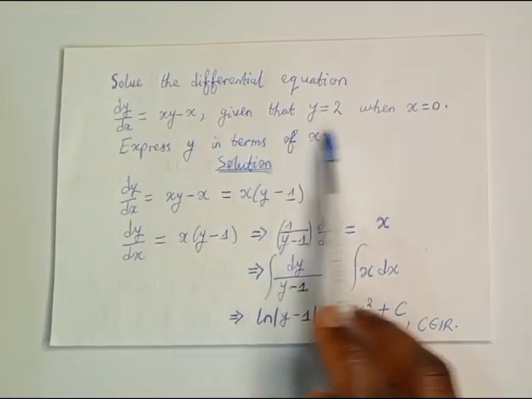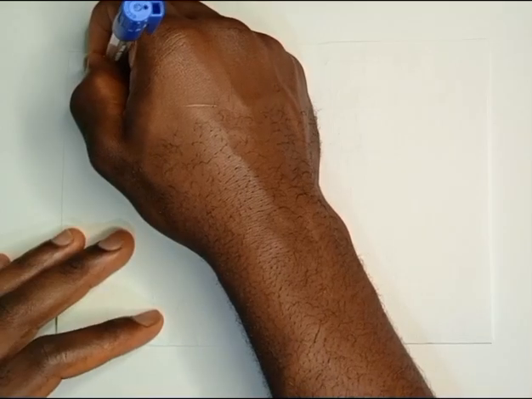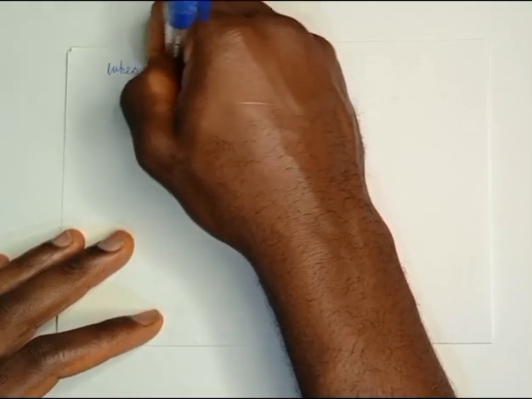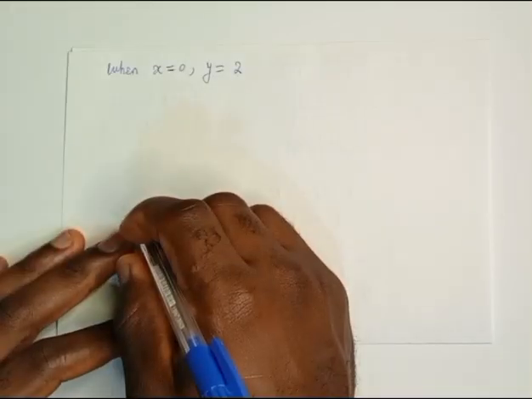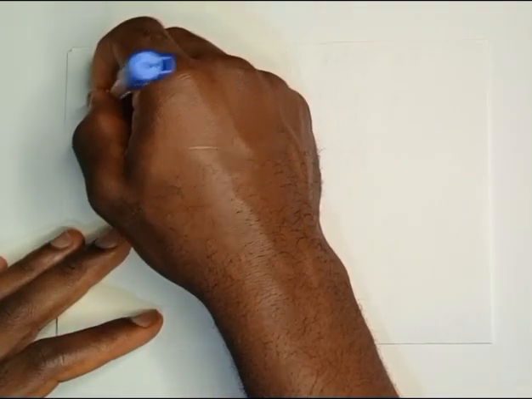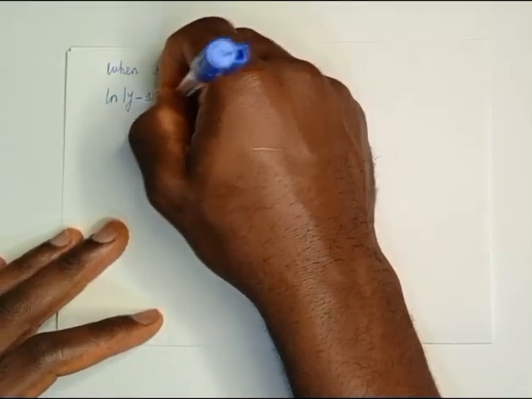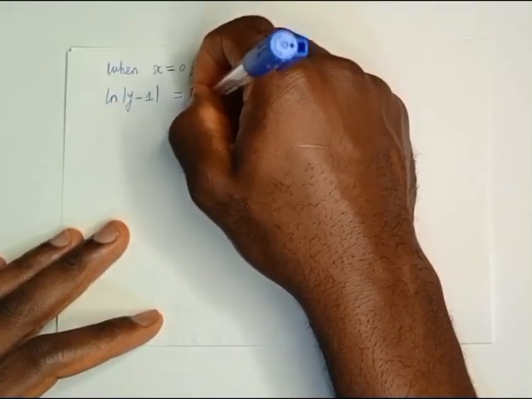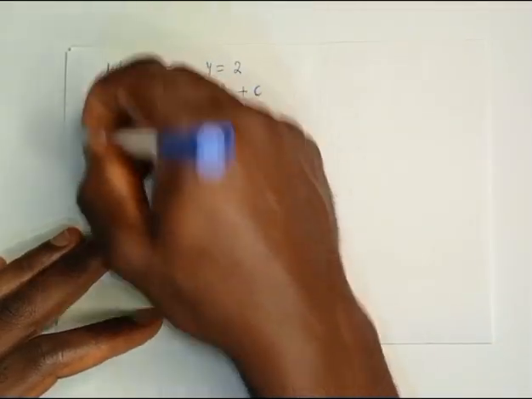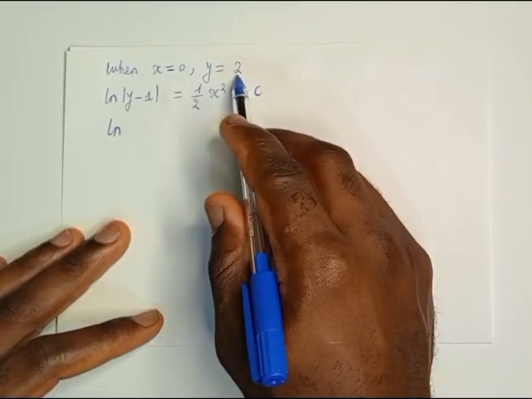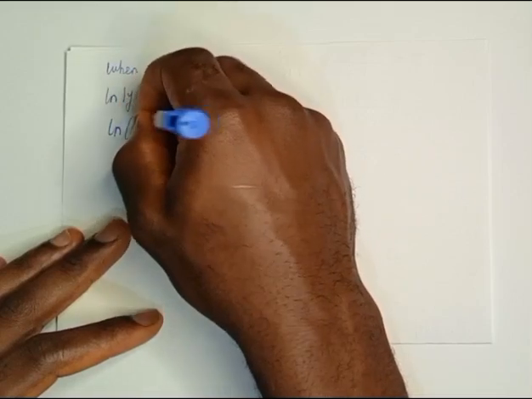We have been told that y is equal to 2 when x is equal to 0. We insert the values in ln|y - 1| = (1/2)x² + c. This will give us the ln of 2 - 1.